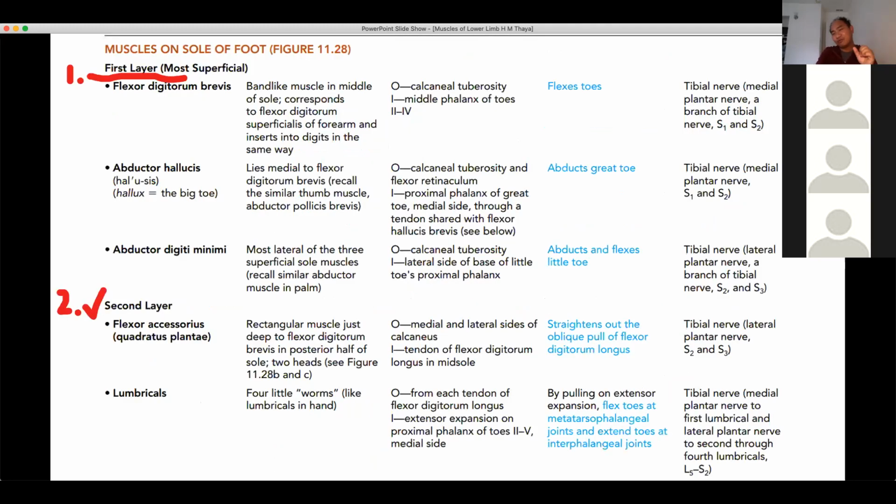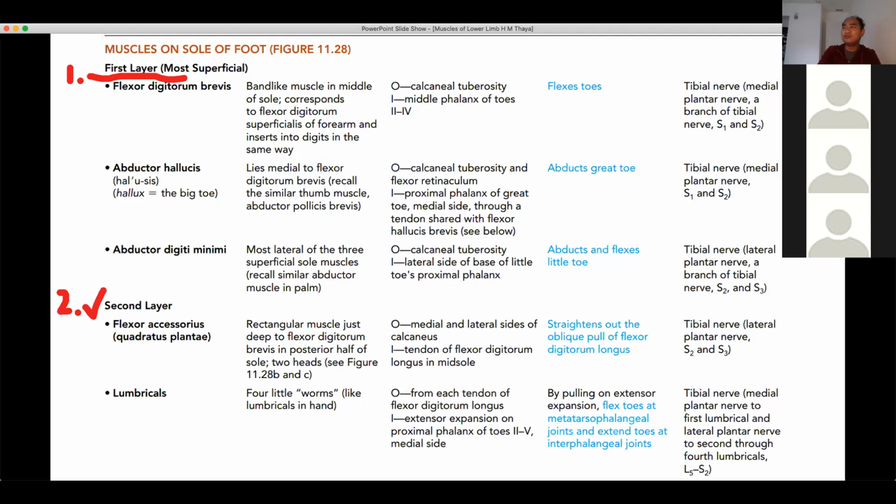Is that good enough? Well, yeah. Now we remember the muscles in the sole of the foot as 4 layers. How do we remember short, long, short, long? The first layer is short muscle, the second layer is long muscle, the third layer is short muscle, and the 4th layer is long muscle.